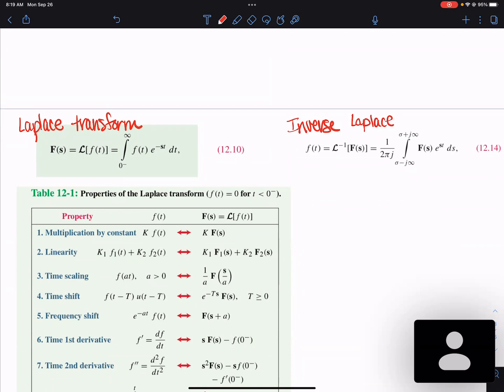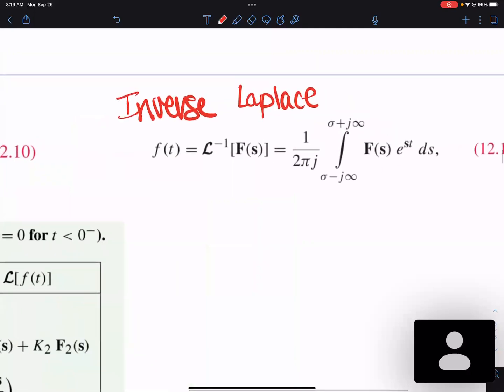That is 1 over 2 pi j, integrated from sigma minus j infinity to sigma plus j infinity of whatever variable you're trying to find that's solved in the S domain, F of s, e to the st ds. So this is how we're going to go back and forth.